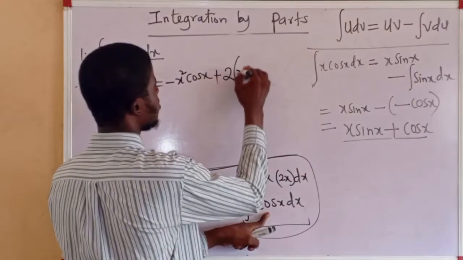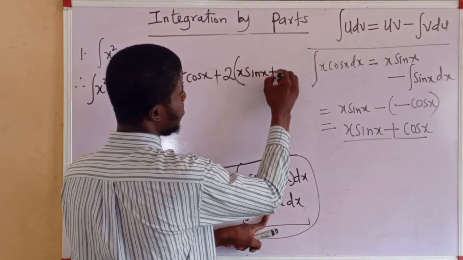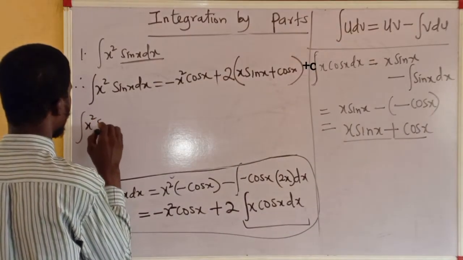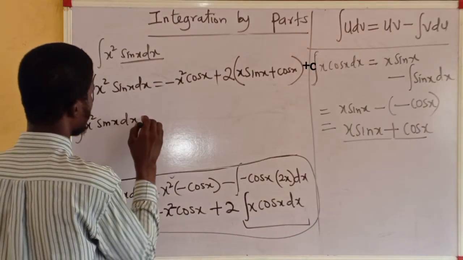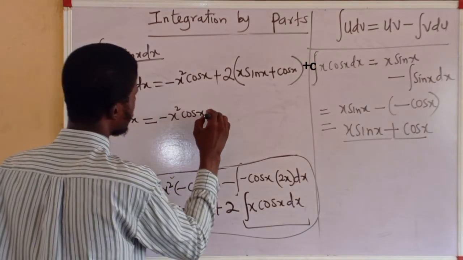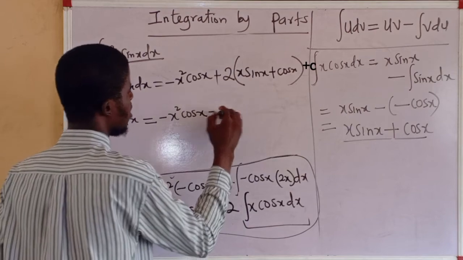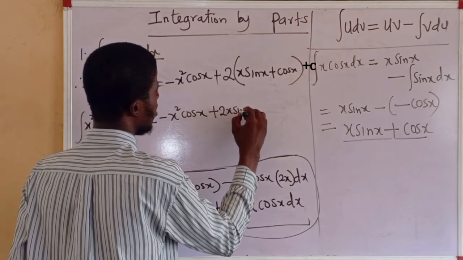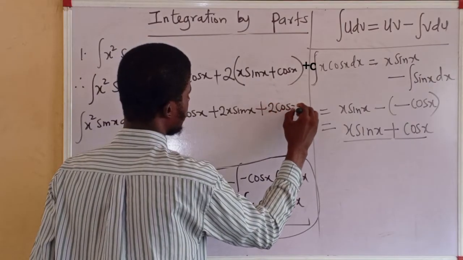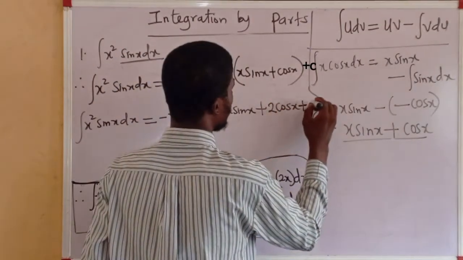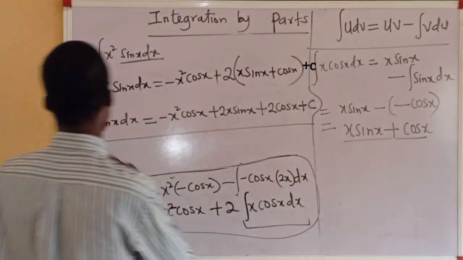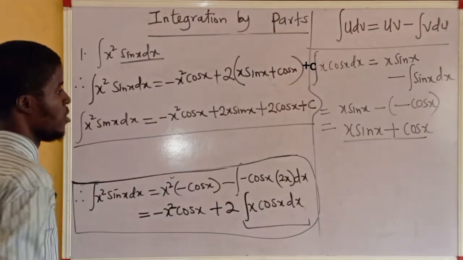So this is x sin x plus cos x. The integral of x squared sine x dx is equal to minus x squared cos x plus 2x sin x plus 2 cos x. We can now add the arbitrary constant to it. So this gives the integral of x squared sine x dx.